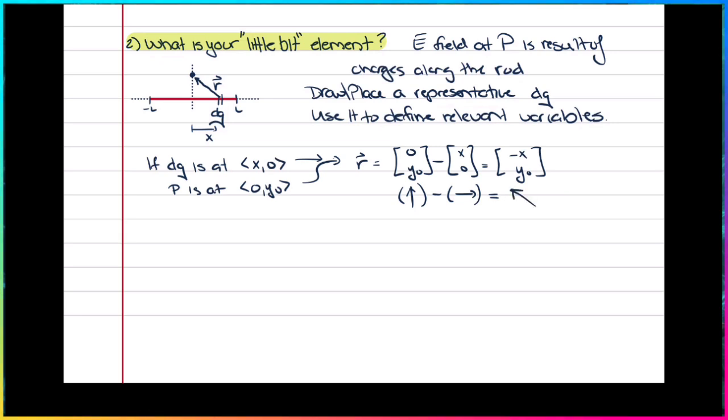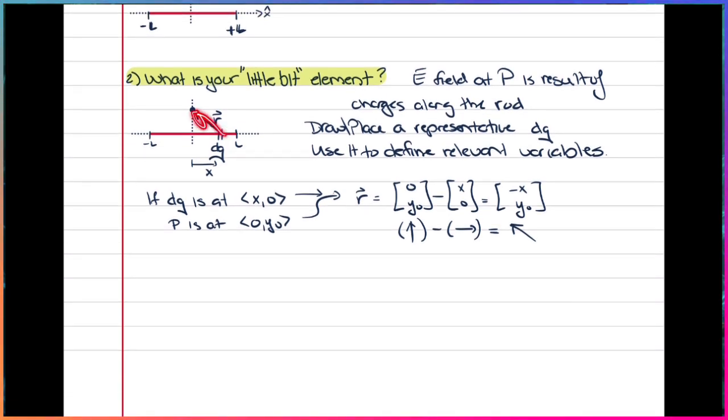And should I have expected an arrow that goes left and up to go from dq to P? Yes, because that's the same as what I have drawn here. It goes left and up. So, all right, sanity check passed. That is the vector r.